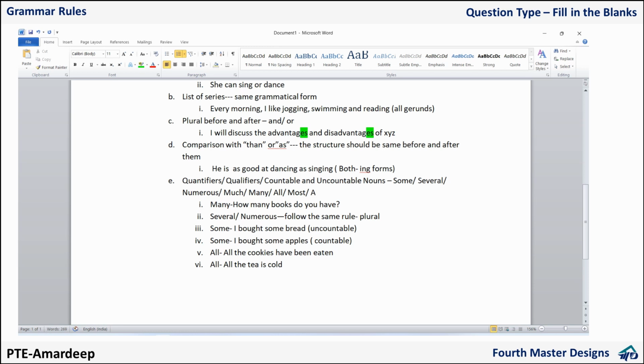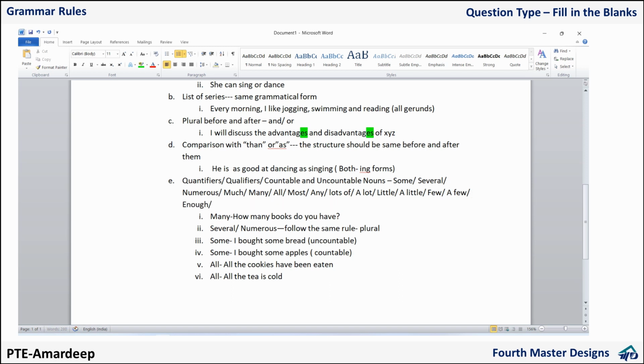Okay, any, lots of, a lot of, little, a little, few, a few, then we have enough, more. You need to write plural with these words, but it again depends on countable and uncountable. Okay, a couple of.